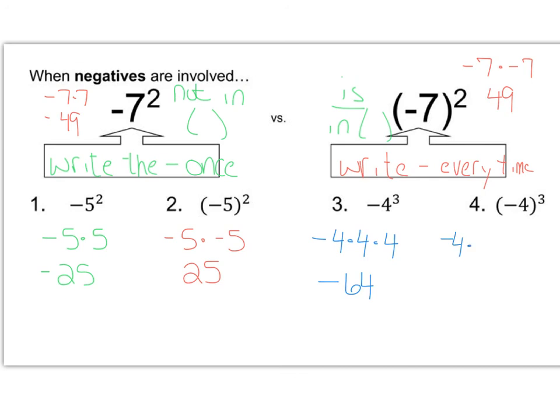So negative 4 times negative 4 times negative 4. Well, this is also negative 64. So notice here, you got the same sign, but on these others that we did, the signs were different. So I want you to think about that a little bit. Why would these have different signs, but these have the same sign when we're using two different rules? Okay, just think about that. We'll talk about that in our Zoom session.